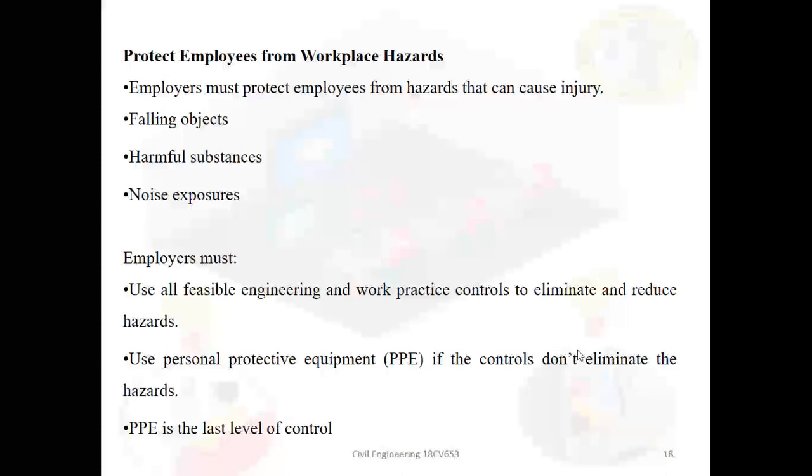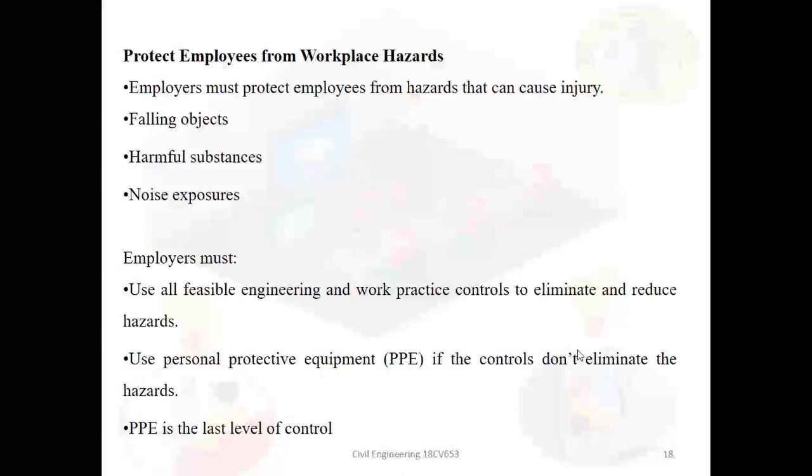Employers must use all feasible engineering and work practice controls to eliminate and reduce the hazard, and use personal protective equipment if controls don't eliminate the hazard. PPE is the last level of control.